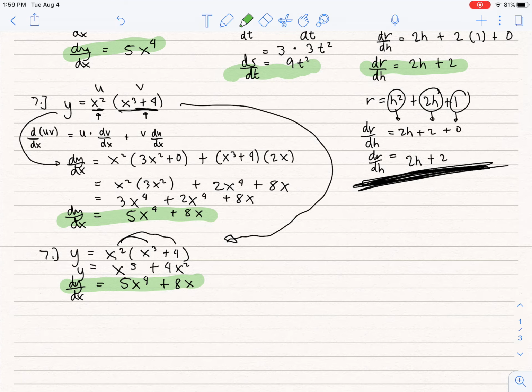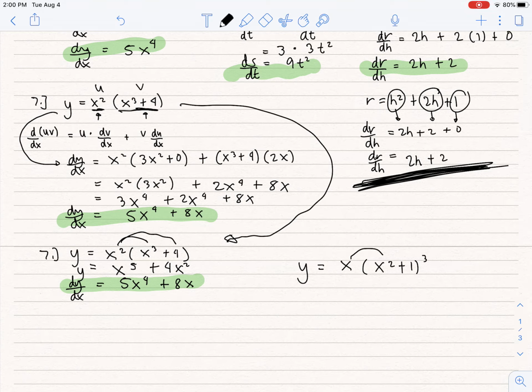Ani na example. So, for example, kani natay y. Then balik ta diri di ba dapat equal sila og answer bisag lahi na process ang imong gigamit. So example natay y is equals to x multiplied by x squared plus 1 raised to 3.